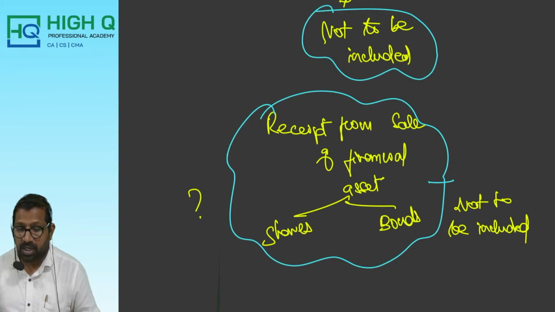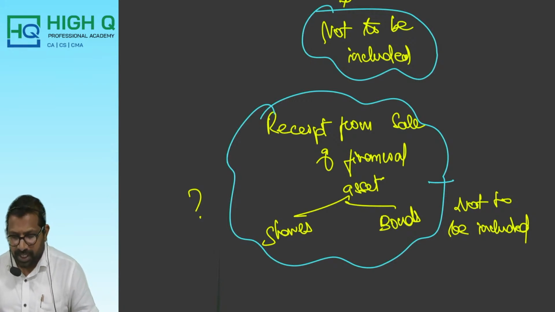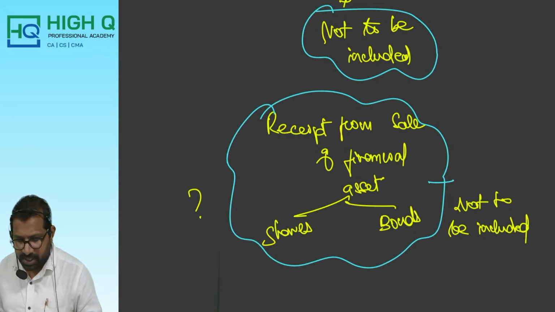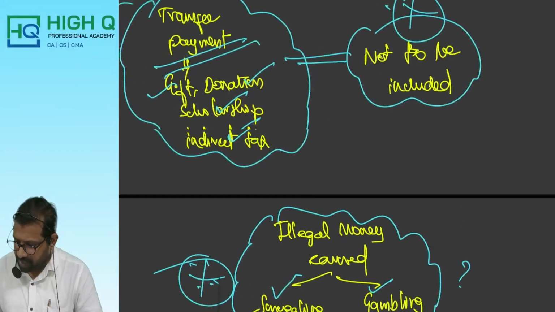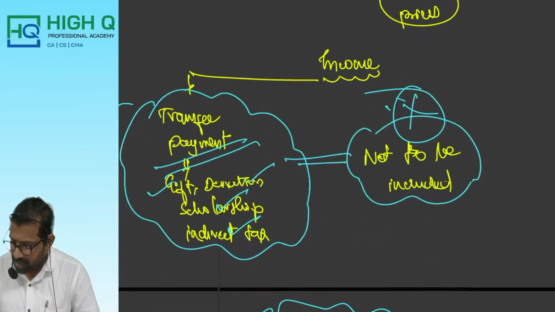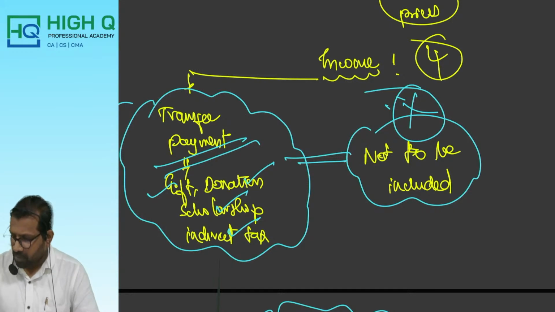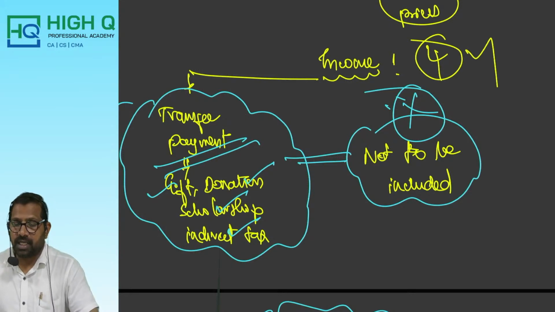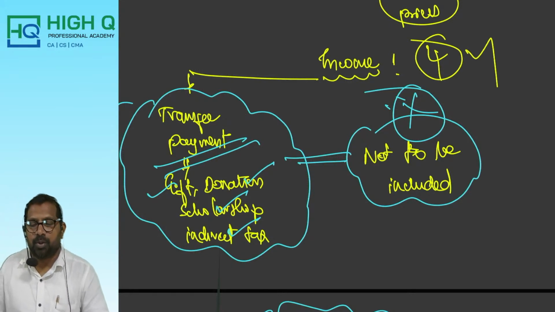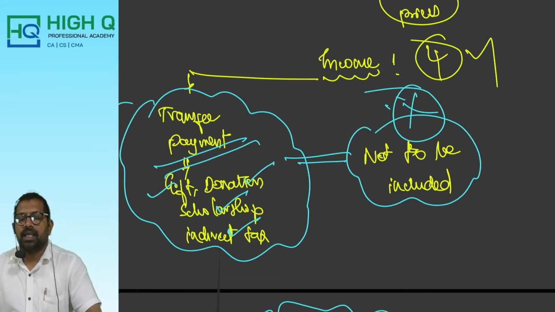So how many points have we discussed under income method? Point number 1, transfer payment; point number 2, illegal money; point number 3, windfall gain; and point number 4, receipt from sale of financial assets. So there are 4 points we have discussed under income method, which are not to be included while calculating the national income.